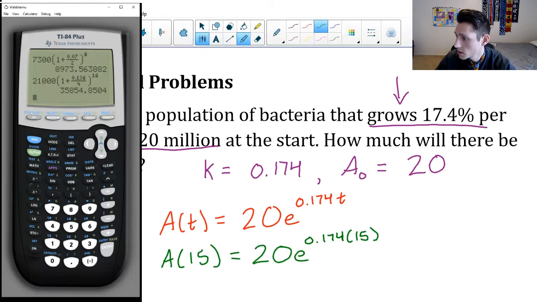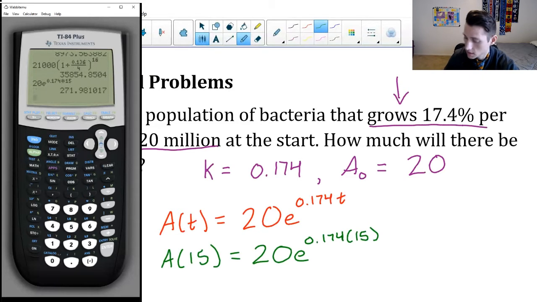And again, plug it all in one go. 20 E. Usually E is behind the ln, so you'll have to do second ln. Typically, if you have a TI-84, almost definitely. E to the power of 0.174 times 15. Enter.